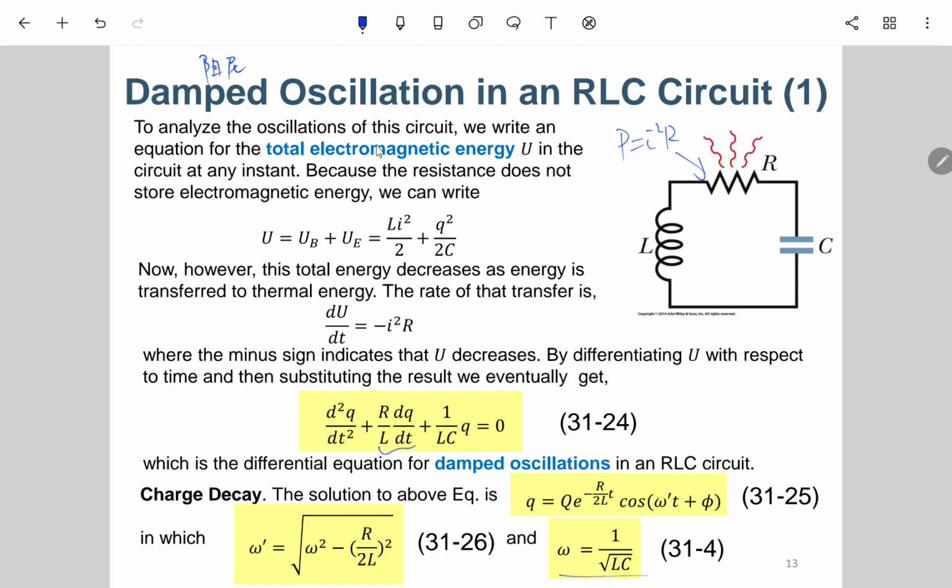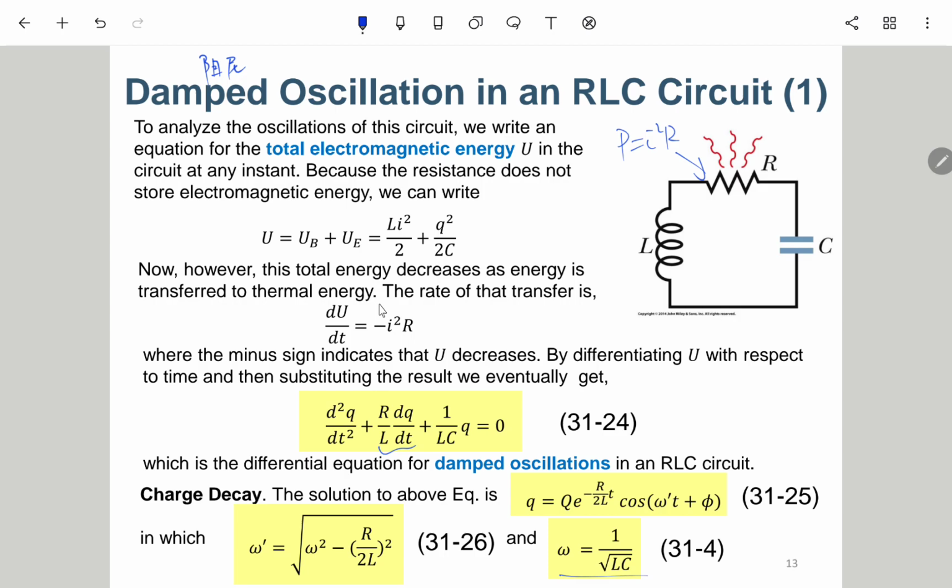Because this energy consumption is a positive value. Here we also consider this RLC circuit from the power or energy point of view. The total EM energy U is still U_E plus U_B, so up to this part it is the same, but we don't have dU/dt equals 0 anymore.